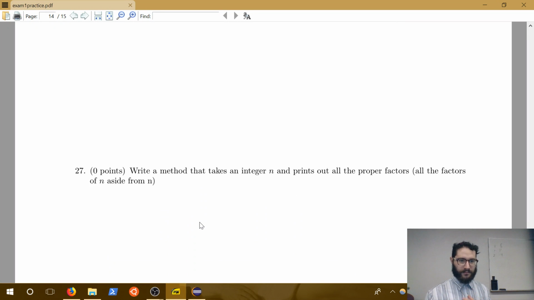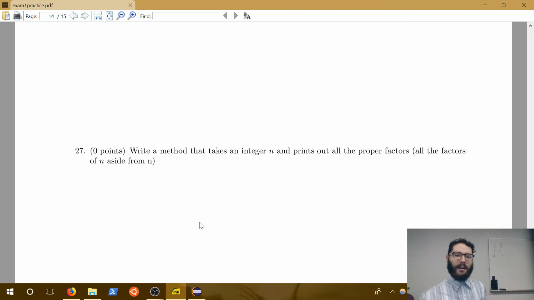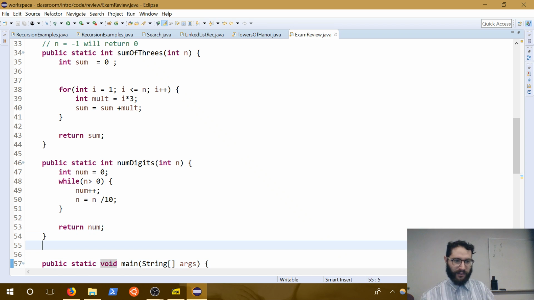How about this one? Write a method that takes in an integer n and prints out all the proper factors, all the factors of n aside from n. So in other words, all the things that n is divisible by. So given a number n, print out all the numbers it's divisible by.